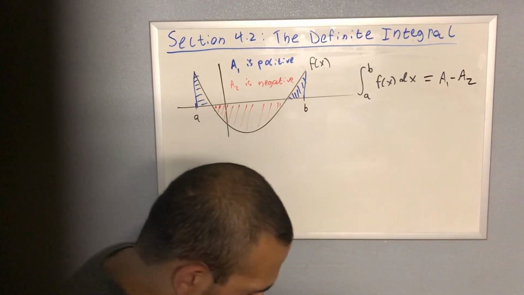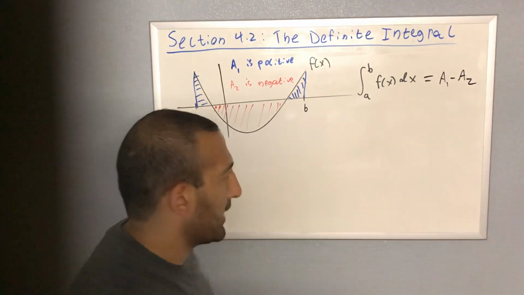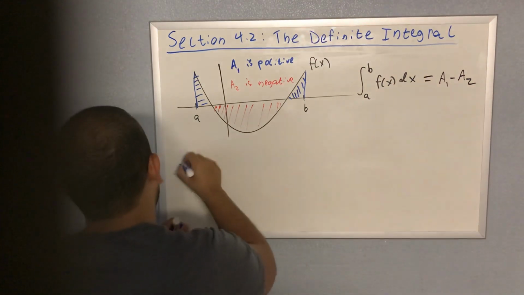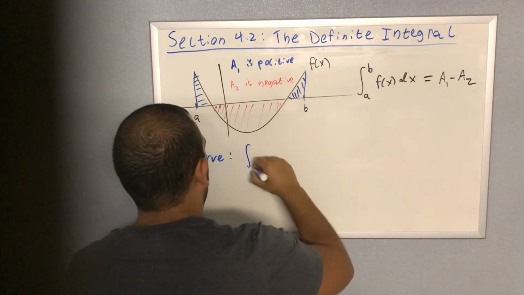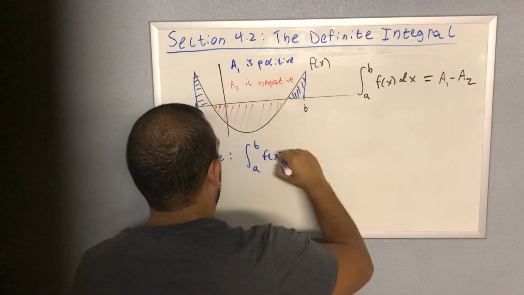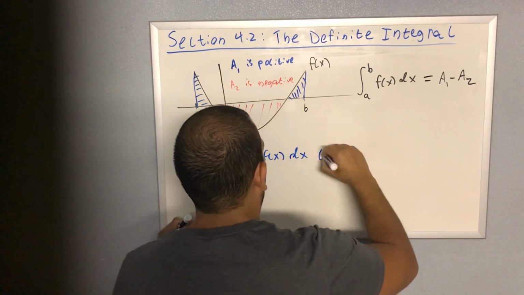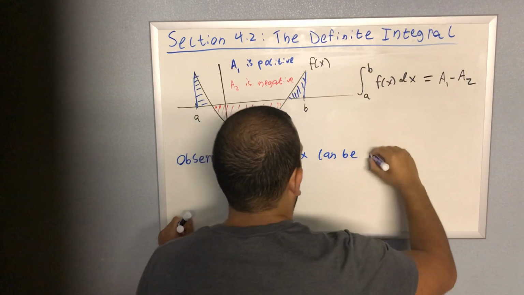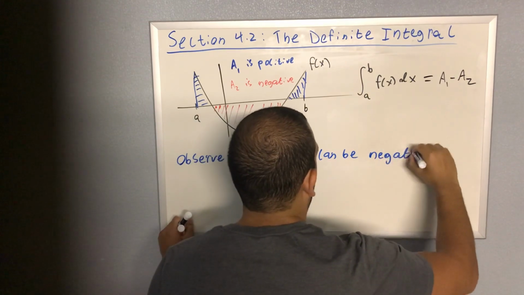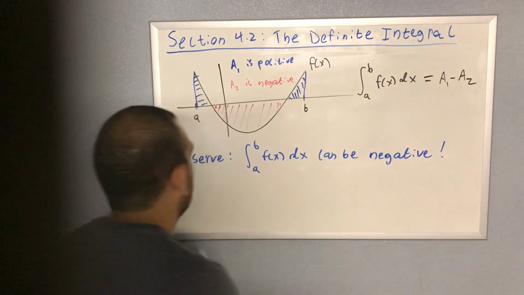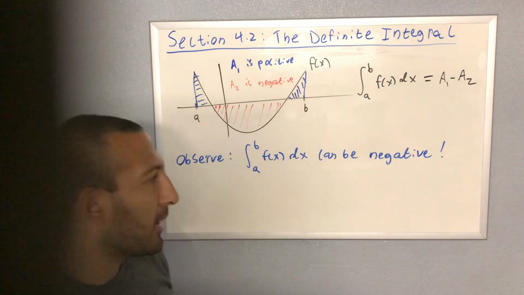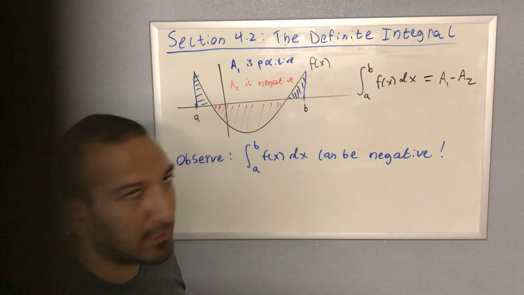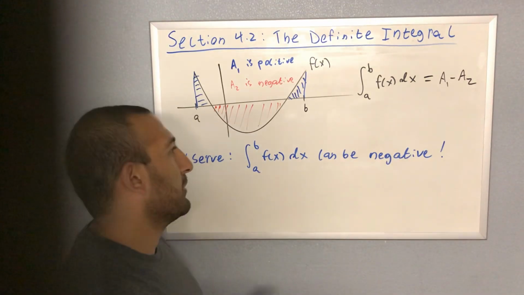So a good observation from that is this. It does not have to always be positive. The area underneath the curve doesn't really always have to be positive. This thing can be negative. It can also be 0.